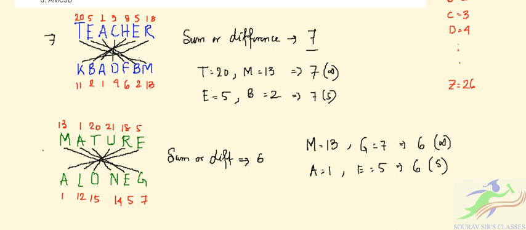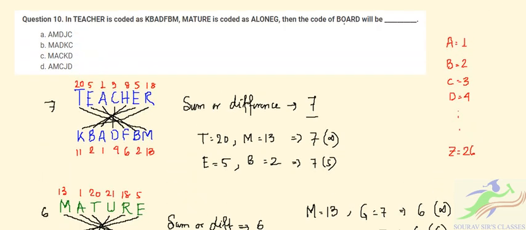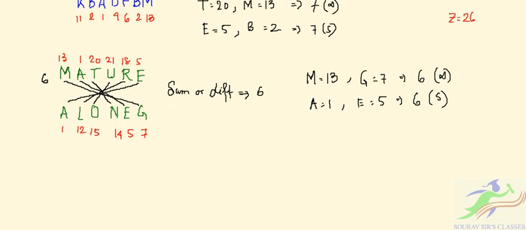So we have been given to find the code of BOARD. Okay, so let's write this. So we have this given as BOARD. So B is equivalent to 2, O is 15, A is 1, R is 18, and D is 4.